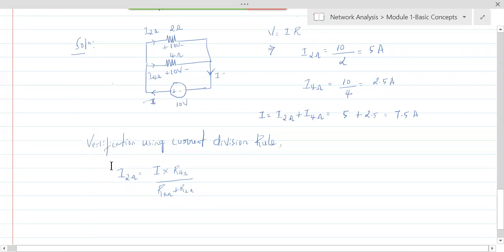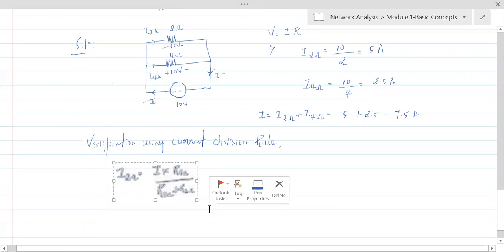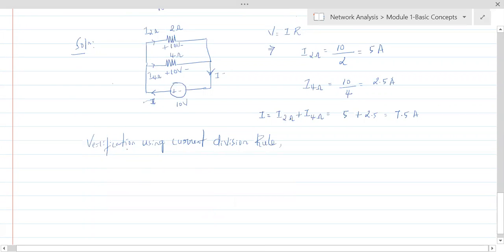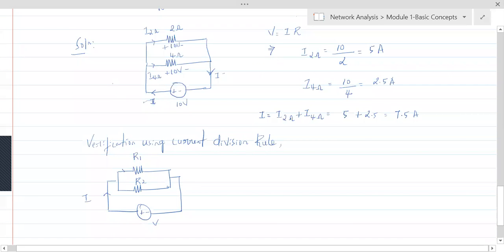Let me generalize this. Suppose you have R1 and R2, and you have voltage V applied here, plus minus, with total current I. Here is your I1 and here is your I2.